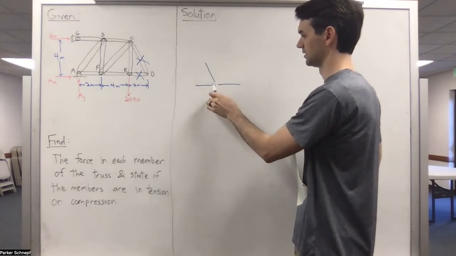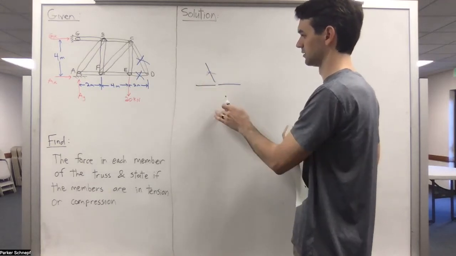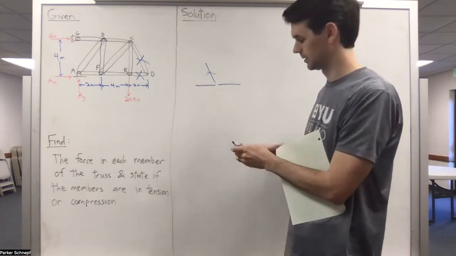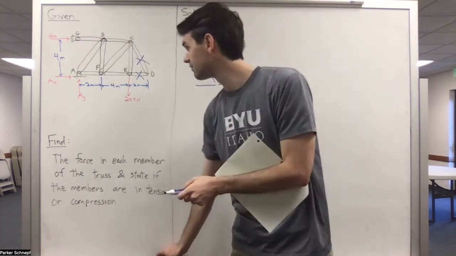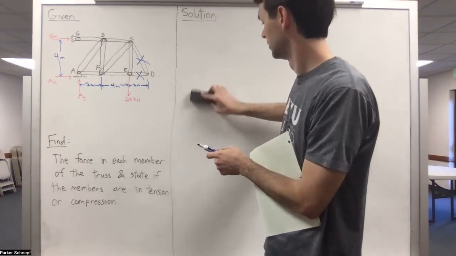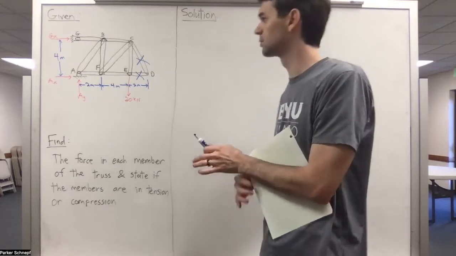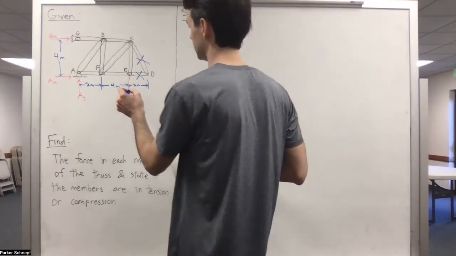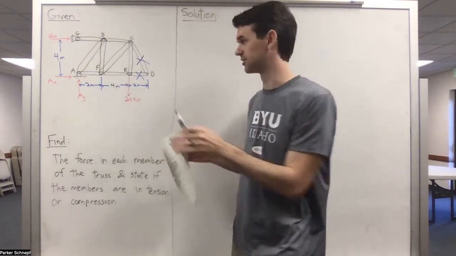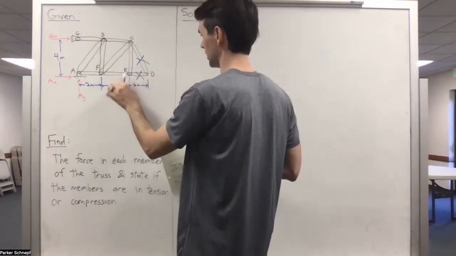If this was the case, the third one that's not collinear must be a zero force member. We don't have that condition in this particular frame, but we do have one more zero force member, and essentially we do have that condition right here at joint E.